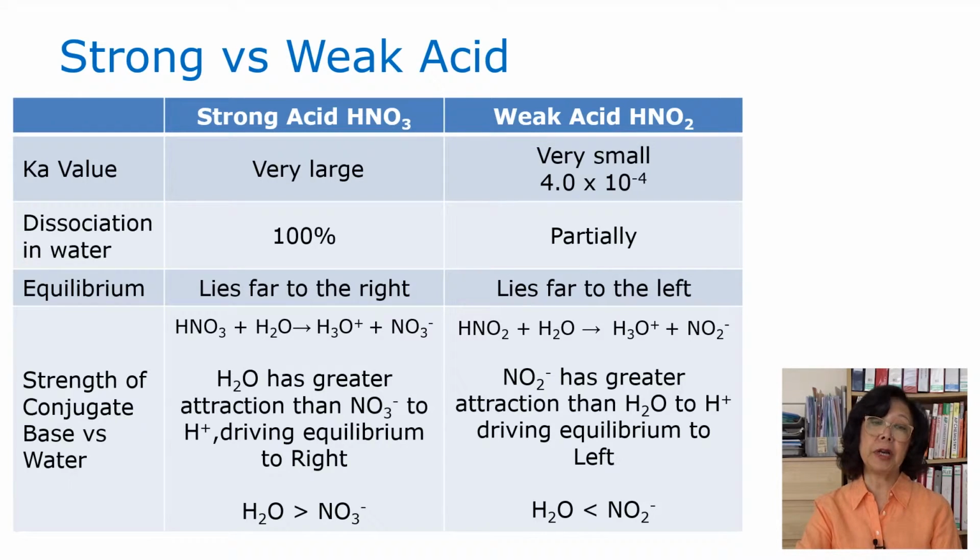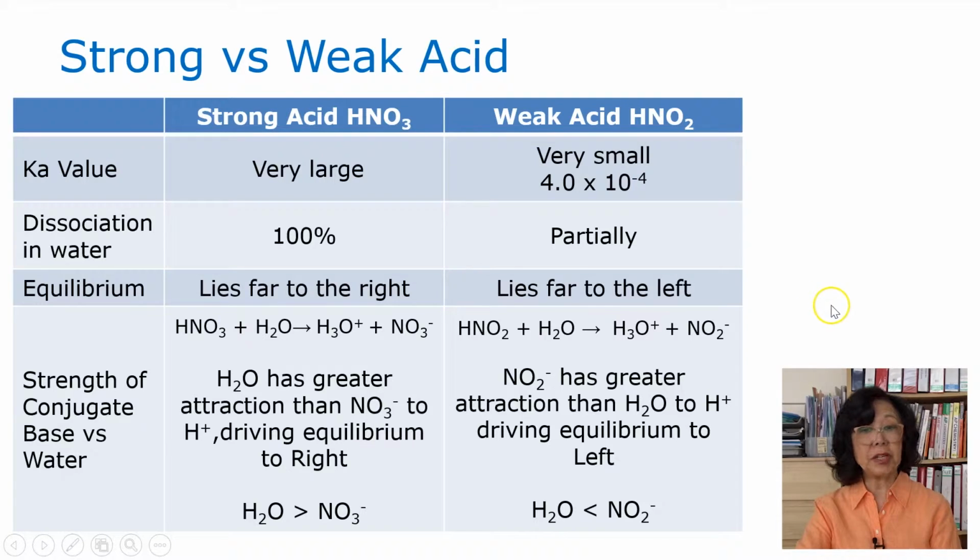Now when we write the reaction, we can compare the strength of the conjugate base of the acid versus the base water. In terms of the strong acid, the conjugate base NO3 minus has less tendency to attract the proton than water. Therefore, water is a stronger base than the nitrate ion.